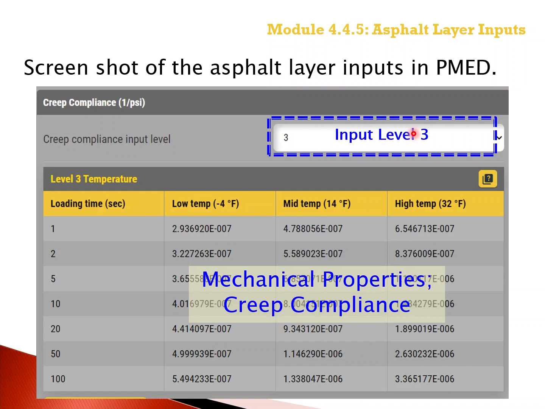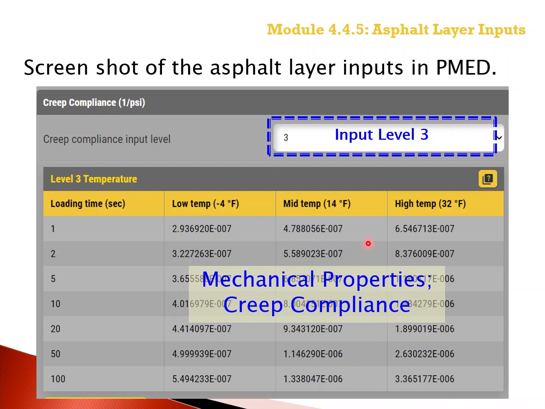When creep compliance input level 3 is selected, the table is automatically populated with calculated values using the regression equations embedded in the PMED software.